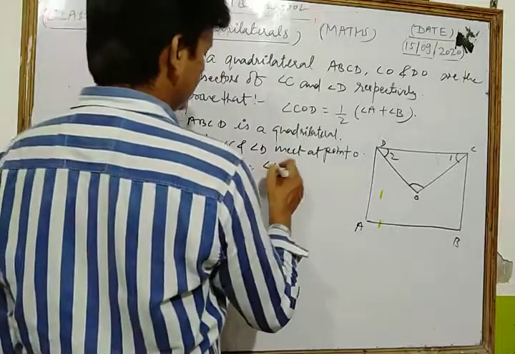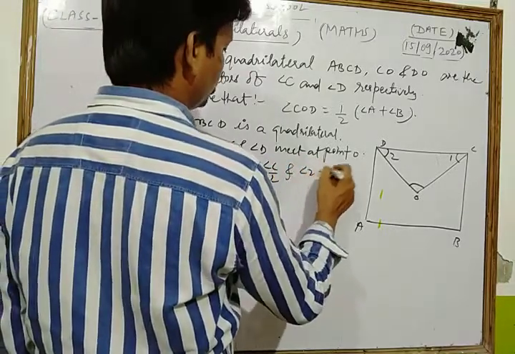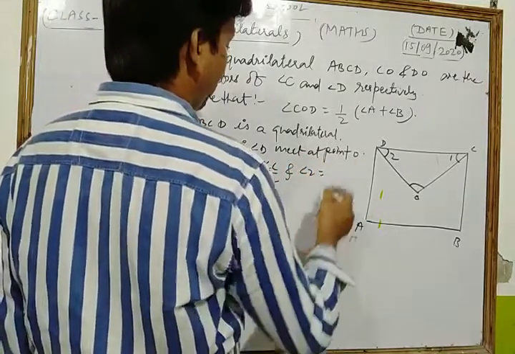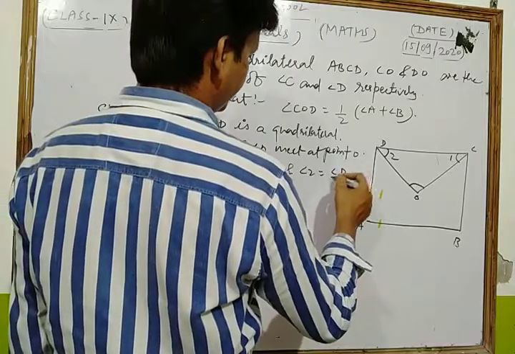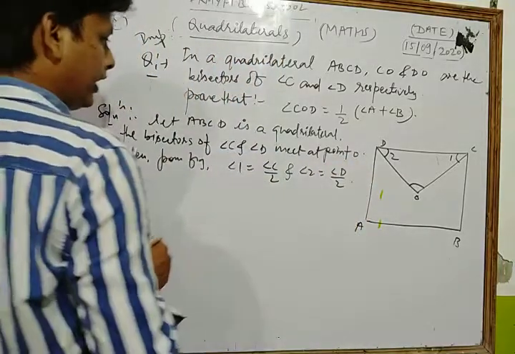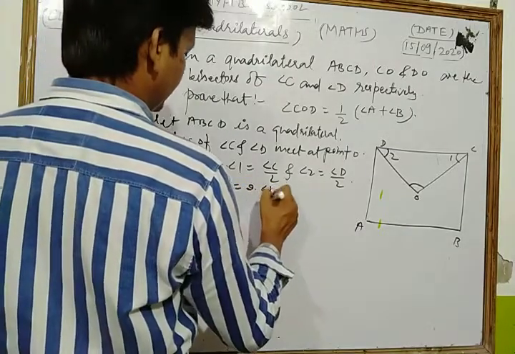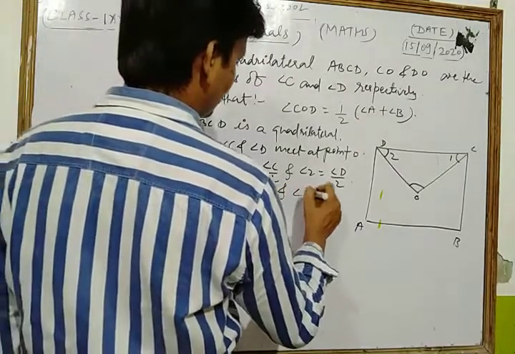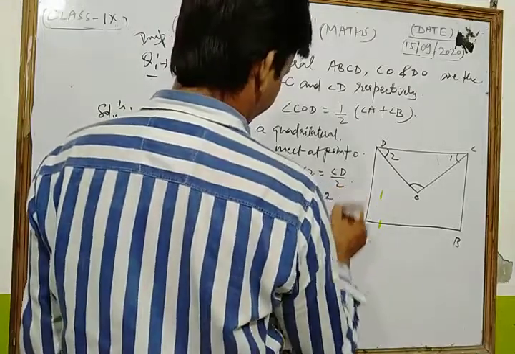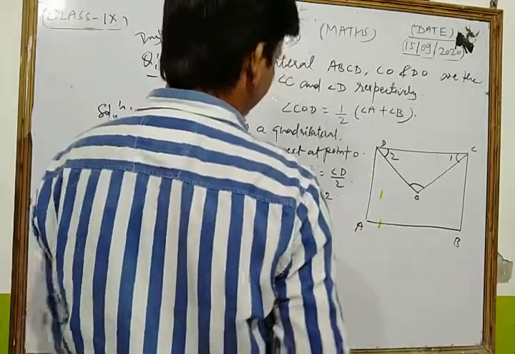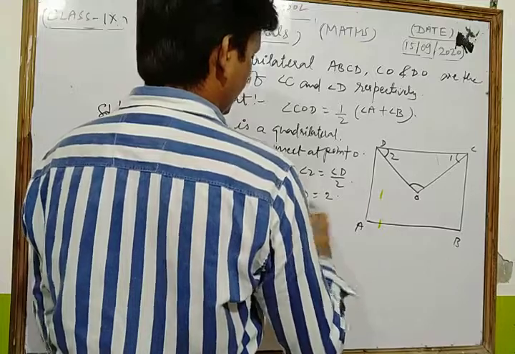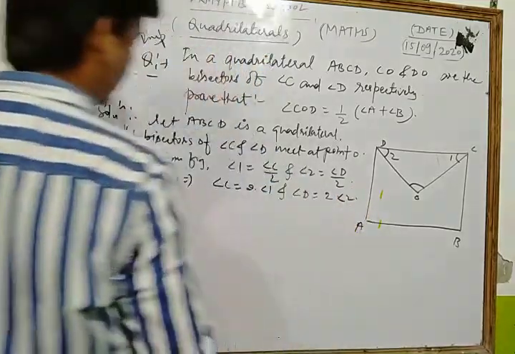Half of angle C, and angle 2 is equal to what? Half of angle D. So we can write angle C is equal to 2 times angle 1 and angle D is equal to 2 times angle 2.